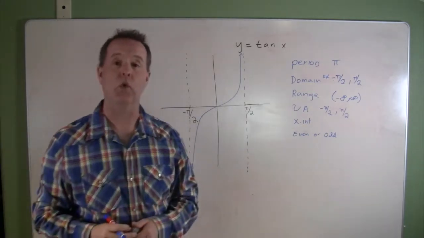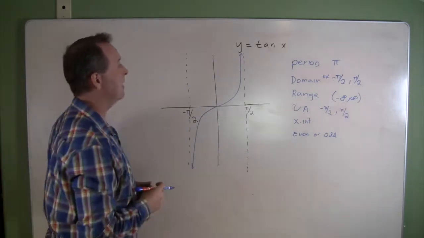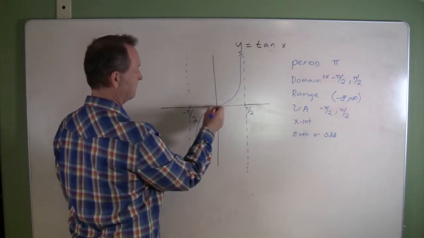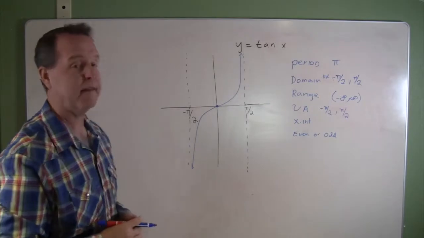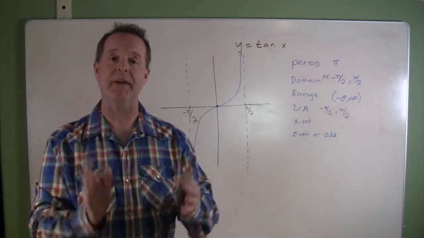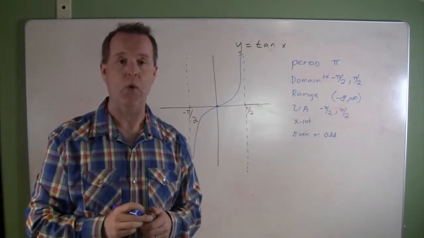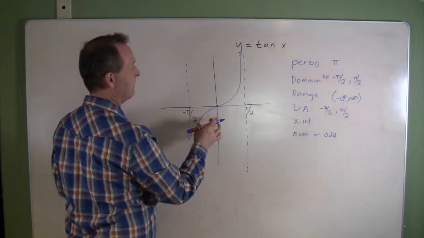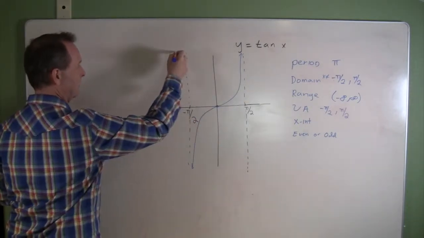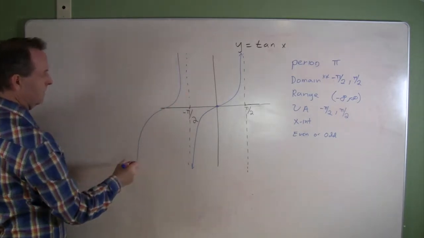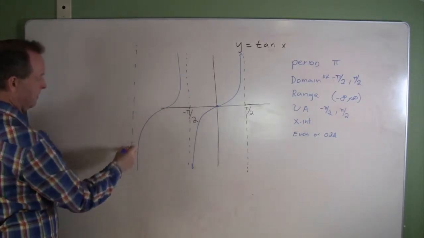X-intercept: where does it cross the x-axis? The tangent of 0 is 0. So it crosses right there, and then again it crosses every pi unit distance away from that. So we'll have another graph like this tangent that will just repeat itself with another vertical asymptote.